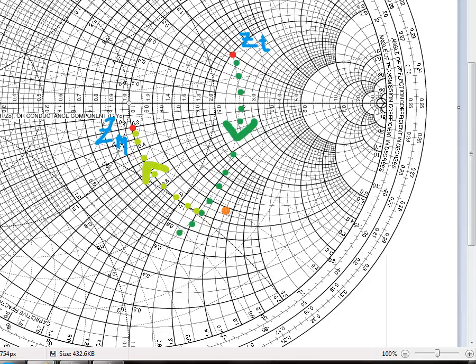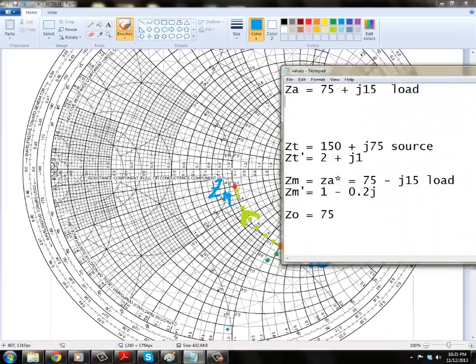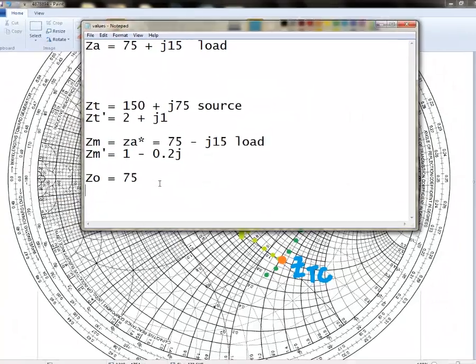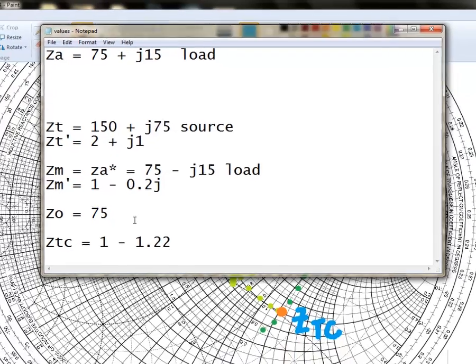The point where these two circles meet is our desired point over here. Let's name this point ZTC. We'll have to find out the value of ZTC. So we have a new impedance ZTC, and we see that the value of ZTC is 1 minus 1.22j.